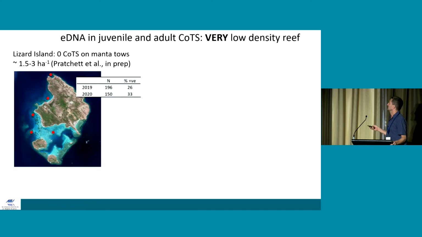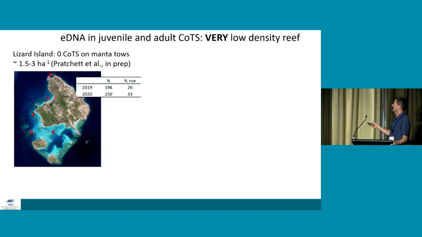Even more surprising, over the last few years we've put a lot of effort into getting up to Lizard Island because it has really low COTS densities. And Morgan Pratchett's surveys using scooters over the last couple of years showed that there are clearly COTS there, but they're below the threshold levels Dave mentioned before, the reproductive threshold of 3 per hectare.